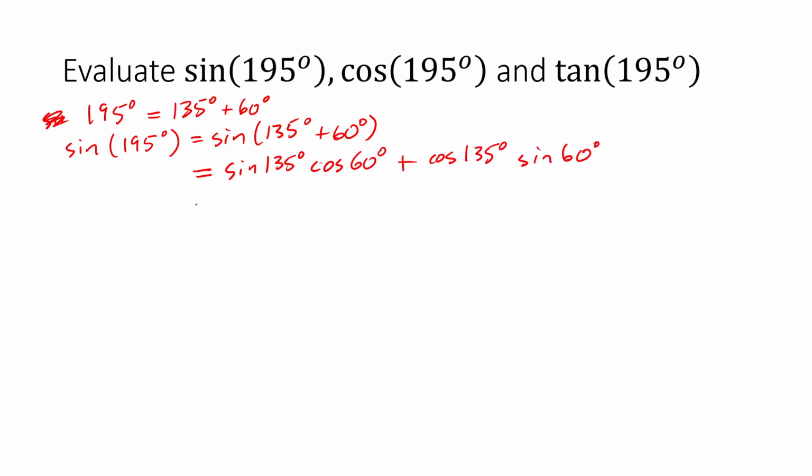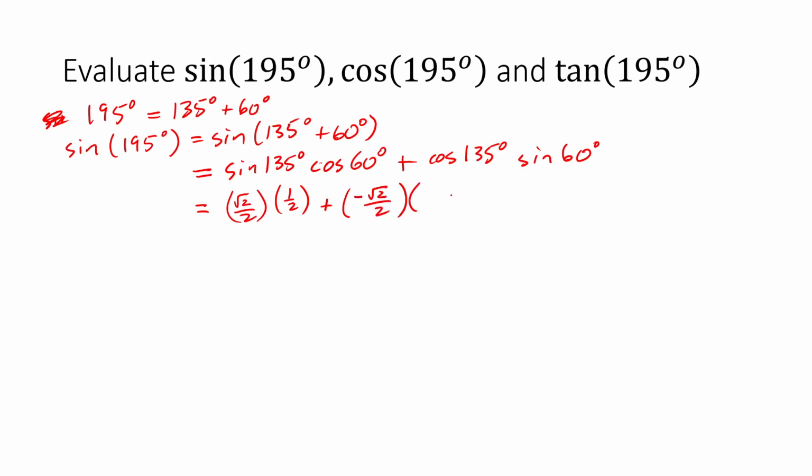The sine of 135 degrees is equal to root 2 over 2. The cos of 60 degrees is equal to 1 over 2. The cos of 135 degrees is equal to negative root 2 over 2.